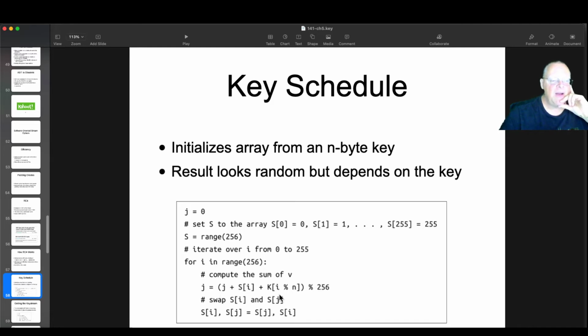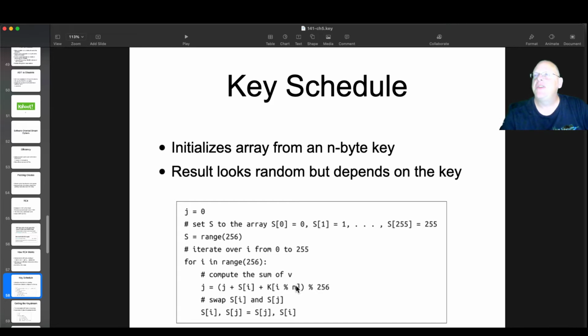You swap a pair and swap another pair, and which ones you swap is calculated with this strange swapping algorithm. And someplace in here goes the key. I think the key is here, N. So you just feed in this key and it determines which cards you're going to swap.